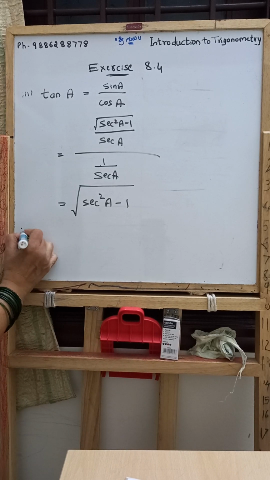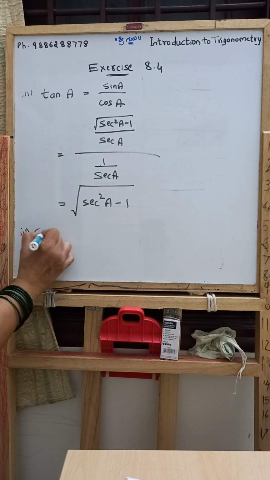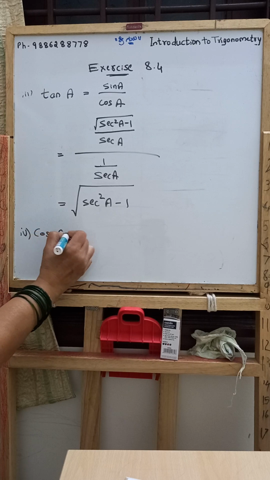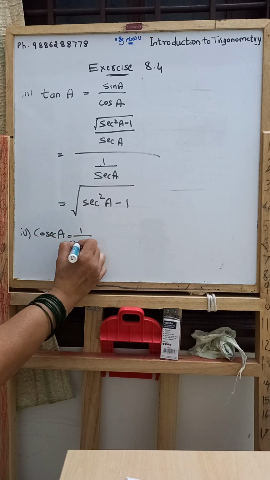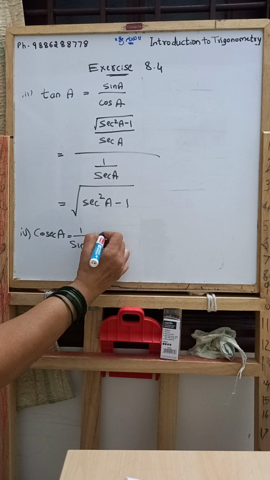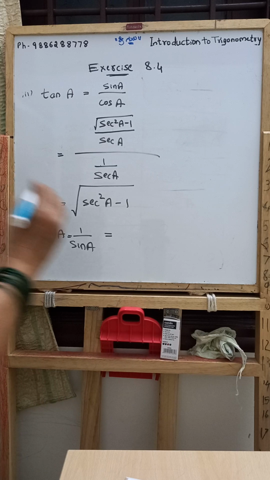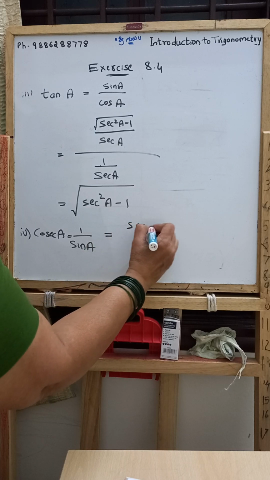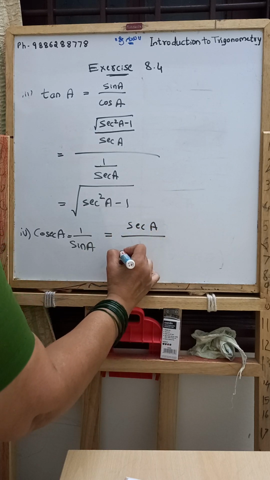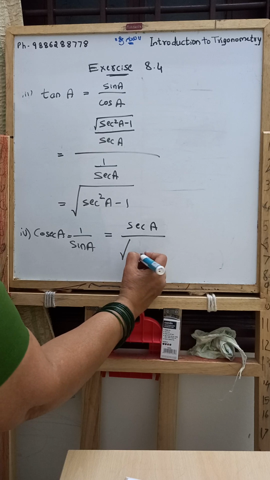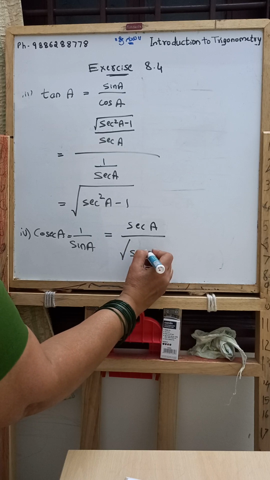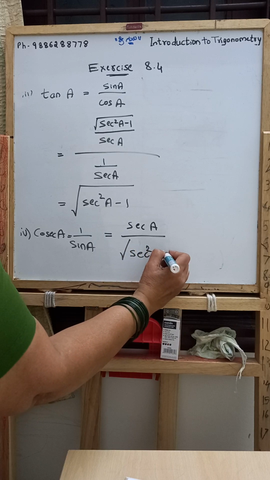And cosec A is equal to 1 upon sin A. We have found that sin A is equal to the square root of sec square A minus 1, whole divided by sec A. Therefore, 1 upon sin A is sec A divided by the square root of sec square A minus 1.